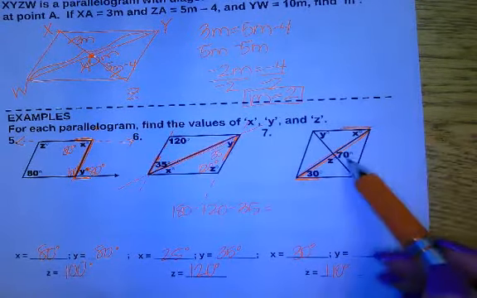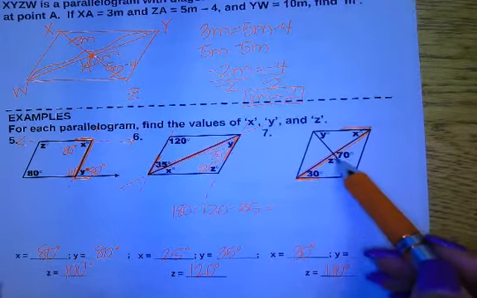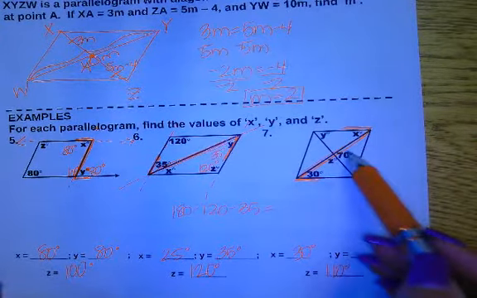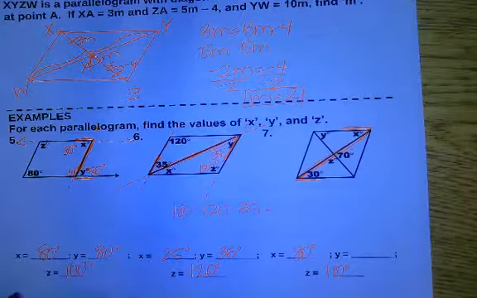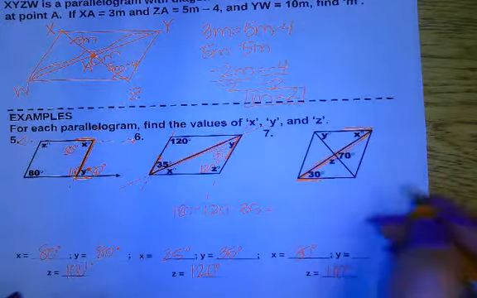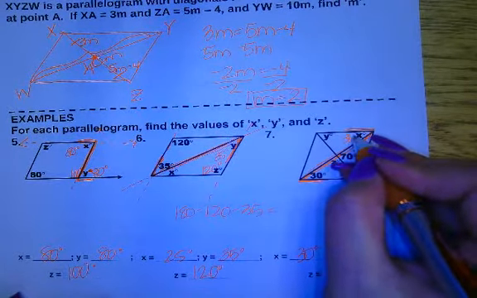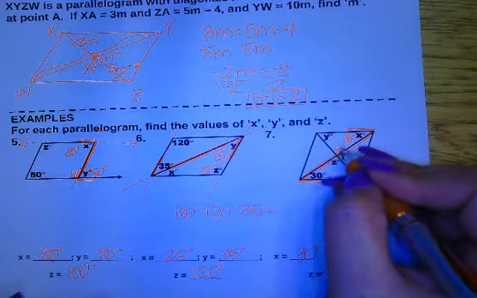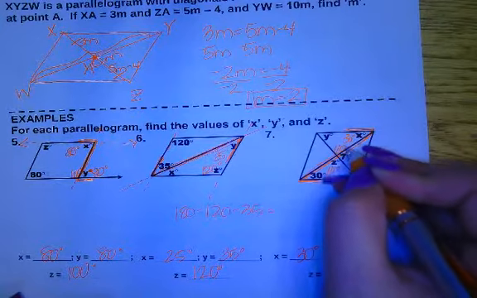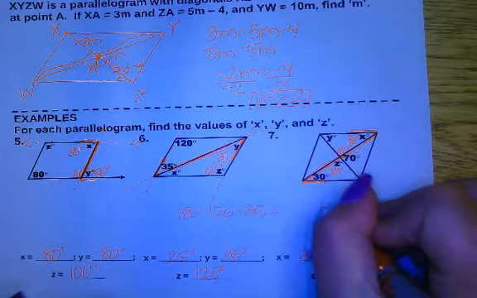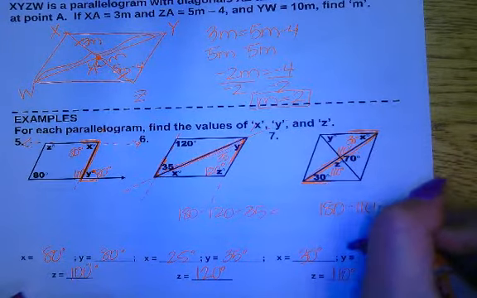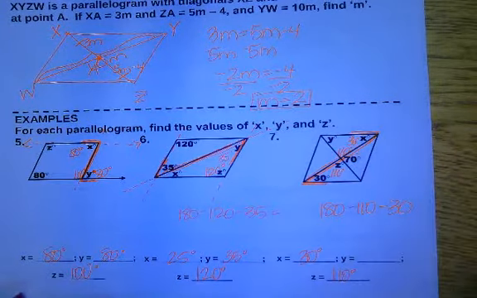No, because they add up to 180. These two angles right here are supplementary because they form this straight line. And then how can we figure out Y? How did you get 40, Austin? 110 plus 30 subtracted from 180. And that leaves you with 40 degrees.